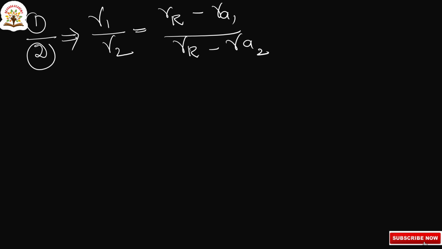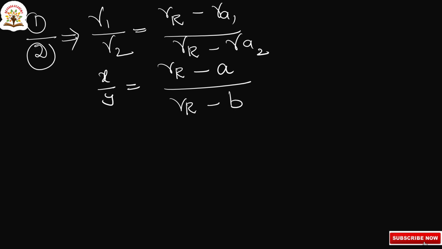Gamma 1 by gamma 2 they given as x by y, is equals to gamma r minus gamma A1, they given as A, and gamma r minus gamma A2 they given as B. Now taking cross multiplication, x into gamma r, x gamma r minus xb, that is equals to y into gamma r minus a y.